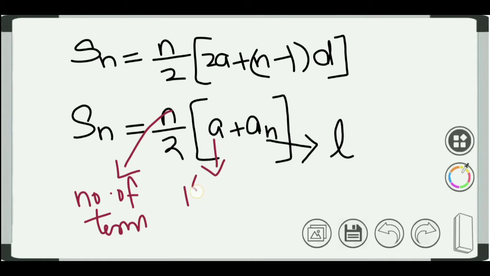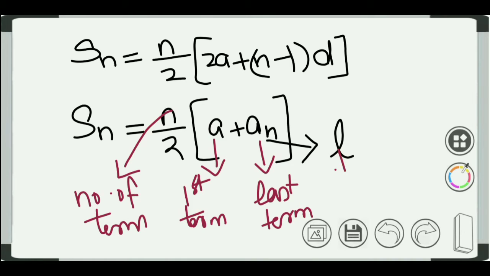This is your first term. An is your last term or nth term. This L also represents last term. So instead of an, if you want, you can write L. A plus L or a plus an, both are same. So these are the two formulas for finding sum of n terms of an AP.